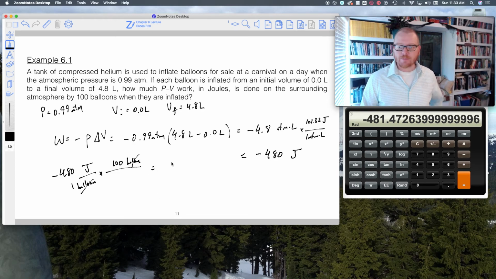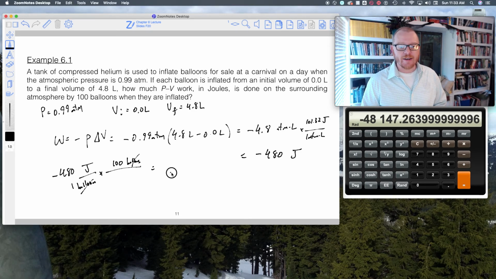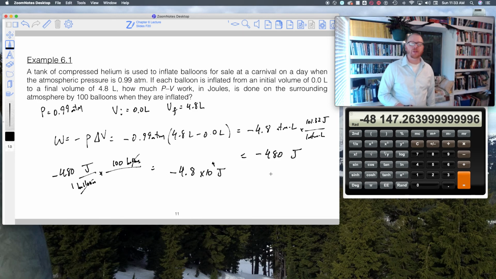And so times 100, I probably don't need to do this in the calculator, but I will anyways. Okay, great. So now I get negative 4.8 times 10 to the 4th joules. And at this point, it's probably appropriate to use kilojoules because that's a pretty big number.